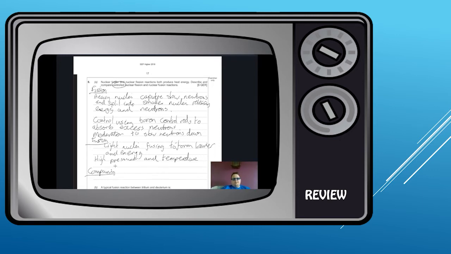Important things when we're comparing: fusion releases more energy per kilogram of fuel. What else can we put in here? Fission creates radioactive waste. Fusion doesn't.